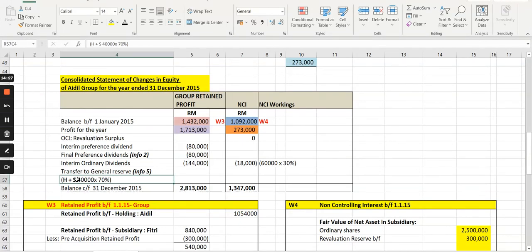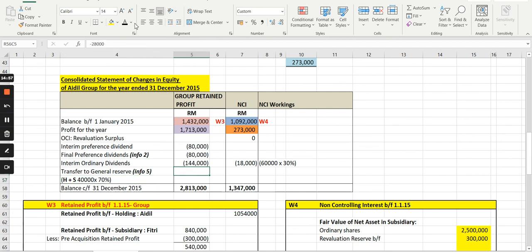So therefore, the parent does not have any transfer to the reserve itself. If the parent has a transfer, you will have to include the amount of the parent, let's say 100,000. That 100,000, in case you have that, you need to add to your portion of the share of the transfer by the subsidiary. The transfer by the subsidiary was 40,000. Our share is 70% since the percentage acquired in ordinary shares was 70%.